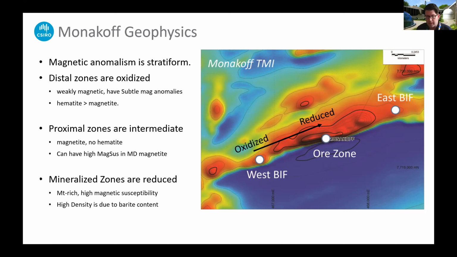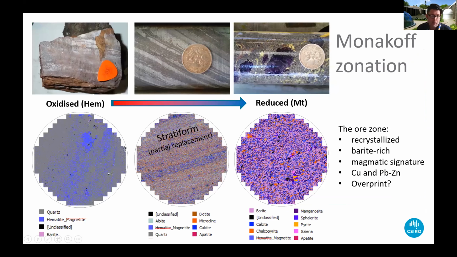You're also getting, in association with this very magnetite-rich zone, a very large density, but that's basically due to barite in the mineral system. You can see that here. These are the rocks, so these are the TEMScans down the bottom. You can see this sort of oxidized hematite-rich assemblage over here, so it's just quartz and hematite. That is basically sitting on the outside of the system.